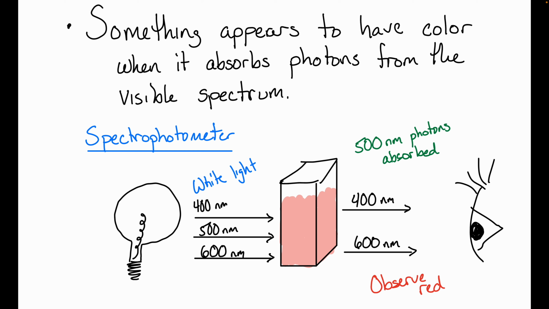Cool. All right, so something appears to have color to it if photons are being absorbed by that sample. That's what our eyeball perceives. Those missing wavelengths are what our eyeball perceives to be color.